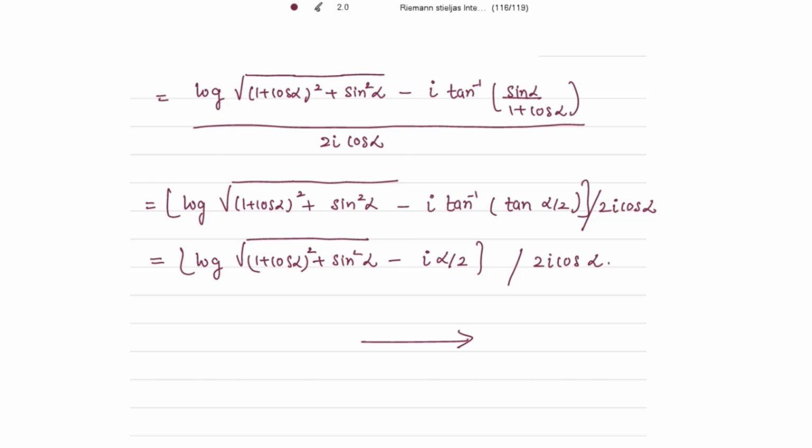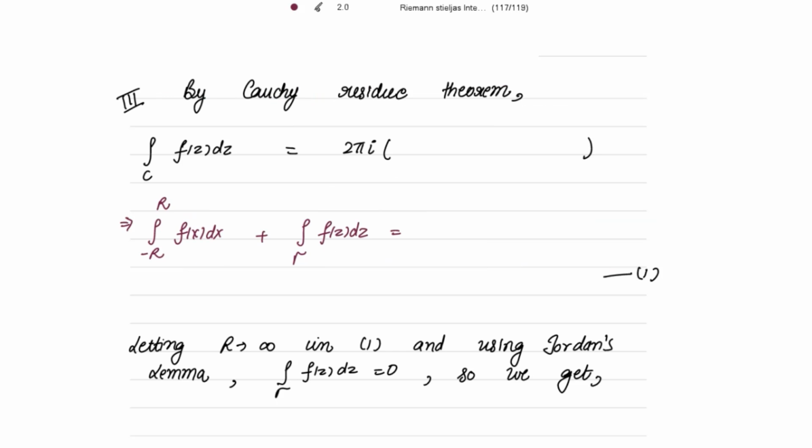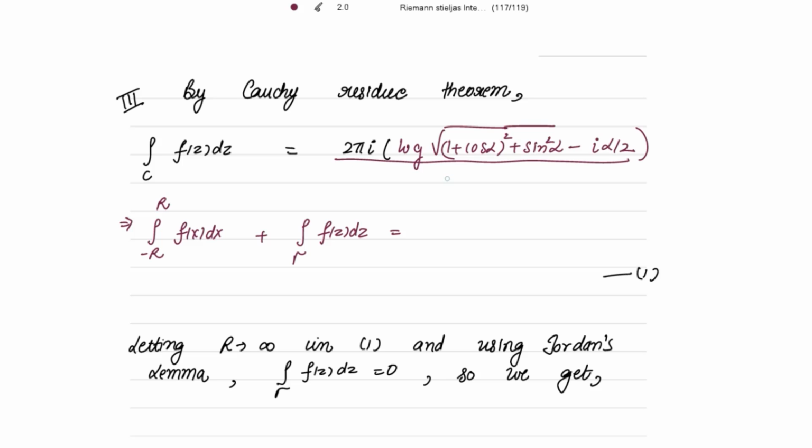By Cauchy residue theorem, the integral over c of f(z) dz is equal to 2 pi iota times the residue. And what is our residue? It is log of square root of 1 plus cos alpha whole square plus sine square alpha minus iota alpha by 2, over 2 iota cos alpha. Fine.